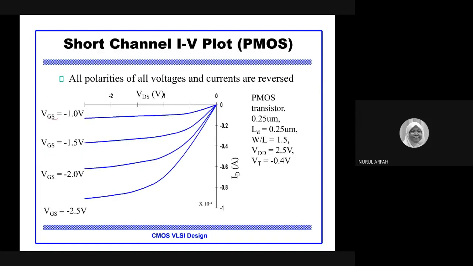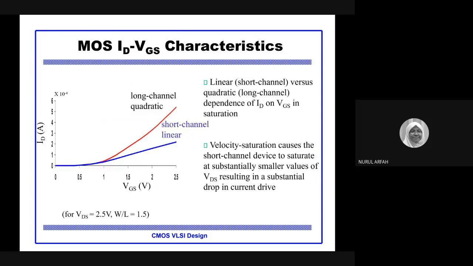Okay, we return back to our last slide. This is the MOS ID versus VGS characteristic. For the long channel, we usually observe that the trend is quadratic.